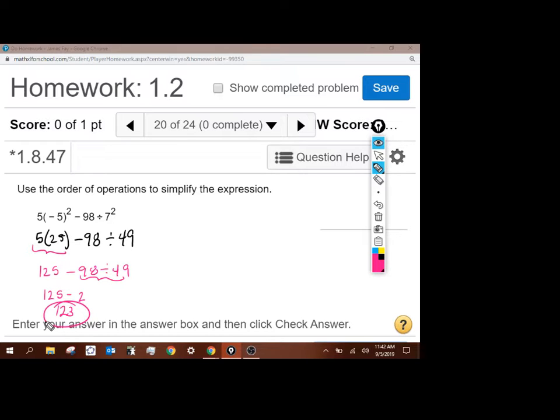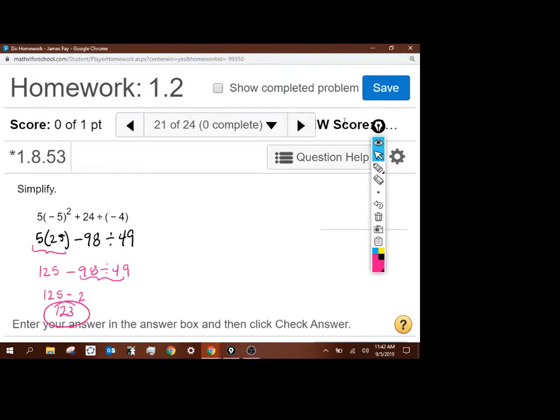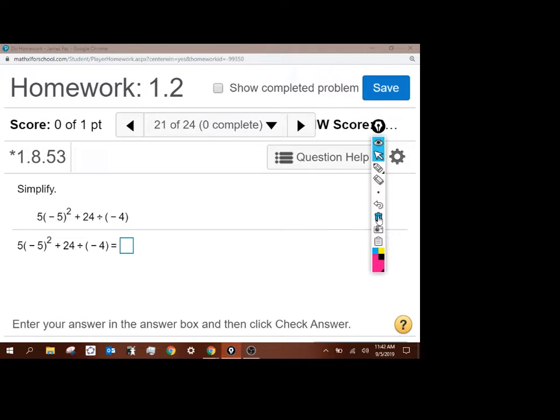Questions? Okay, so 21. 21 is the same style question. So in MyMathLab, like in an assignment, I might only have like 12 questions to choose from, okay?